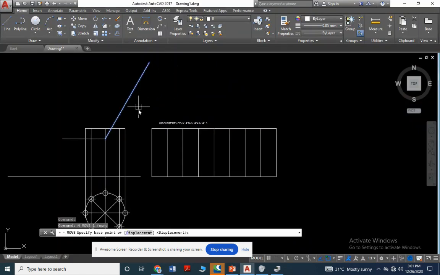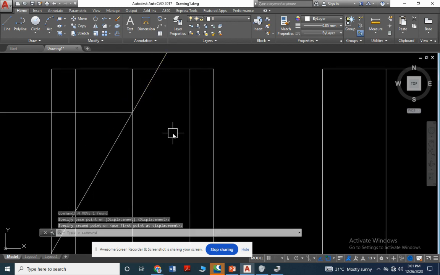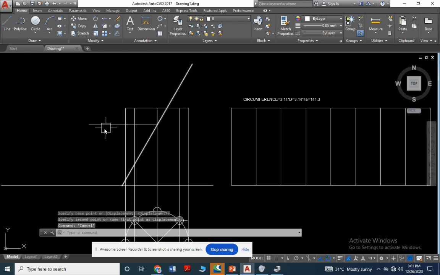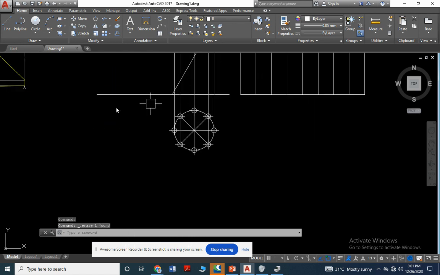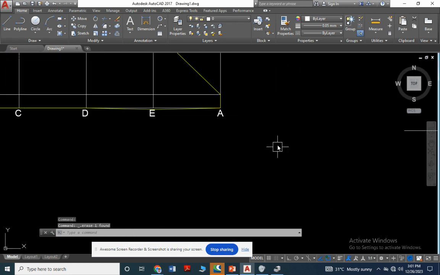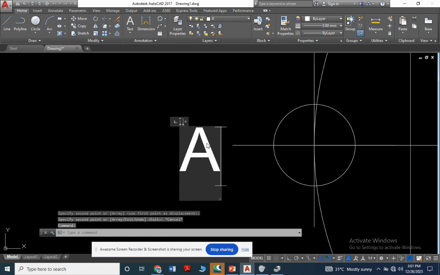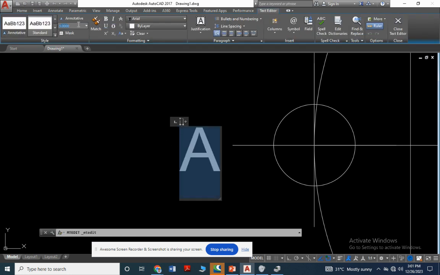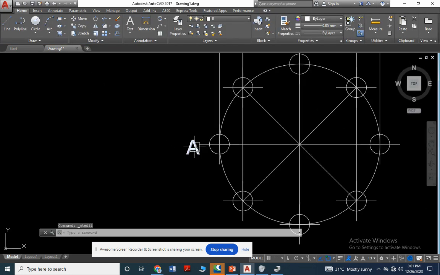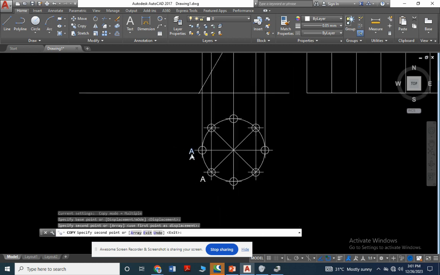Now this is a line. Just I move it. Okay, this is the line. Before that, for naming it easy, just I copy this, slightly increasing the dimension. Copy.